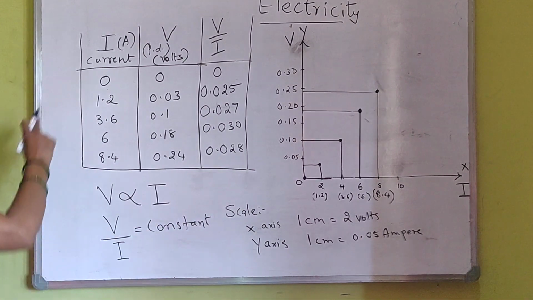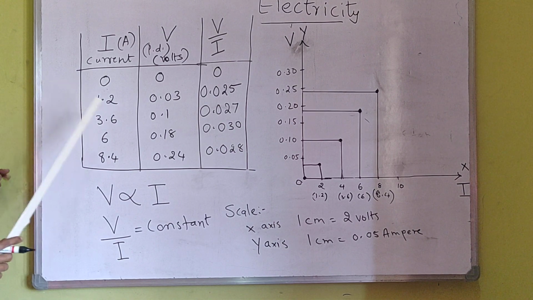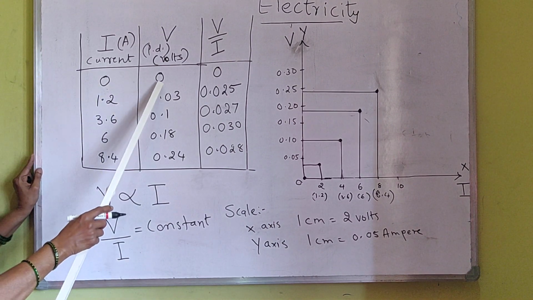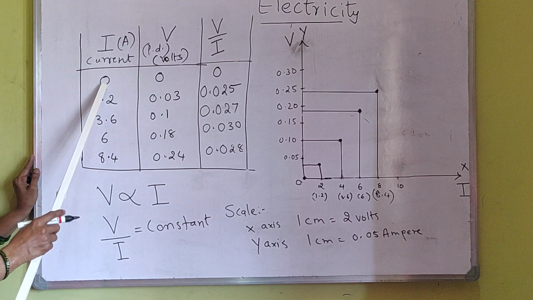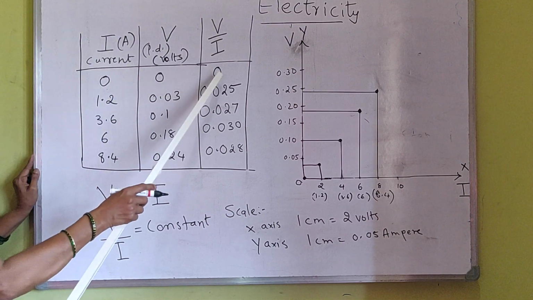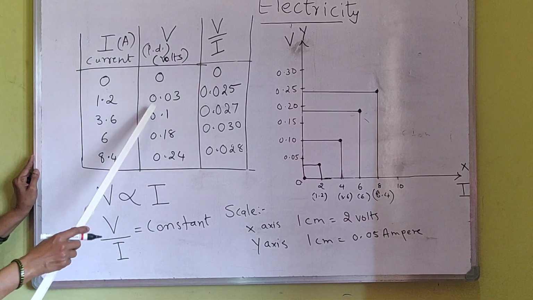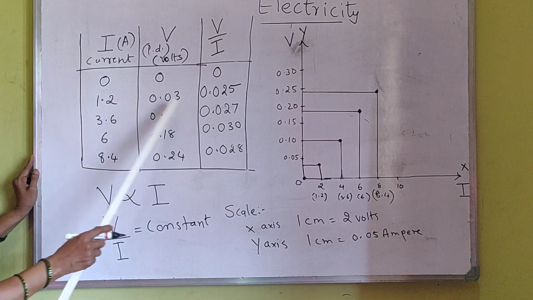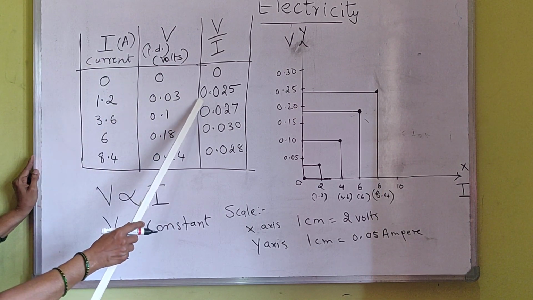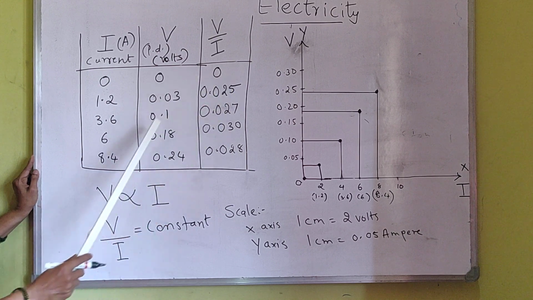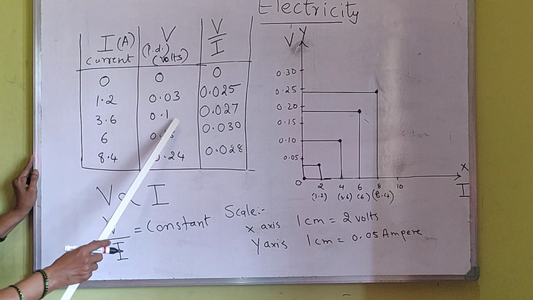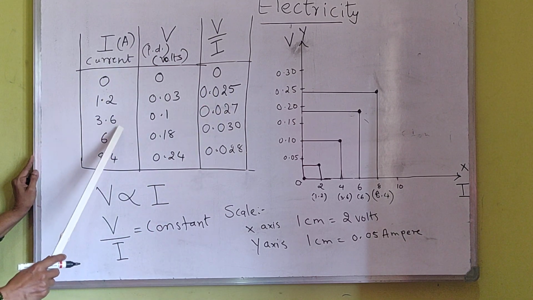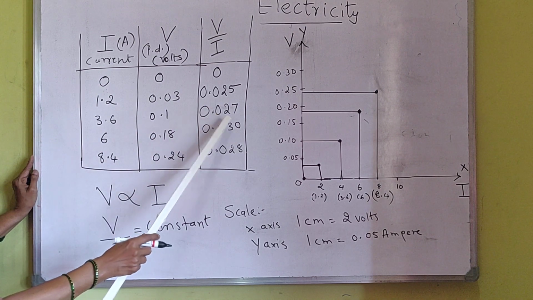That is what we are seeing in this table. When volt is 0 and current is 0 ampere, 0 by 0 is 0. When volt is 0.03, current is 1.2, 0.03 divided by 1.2 is equal to 0.025. When volt is 0.1 and current is 3.6, it is 0.027.